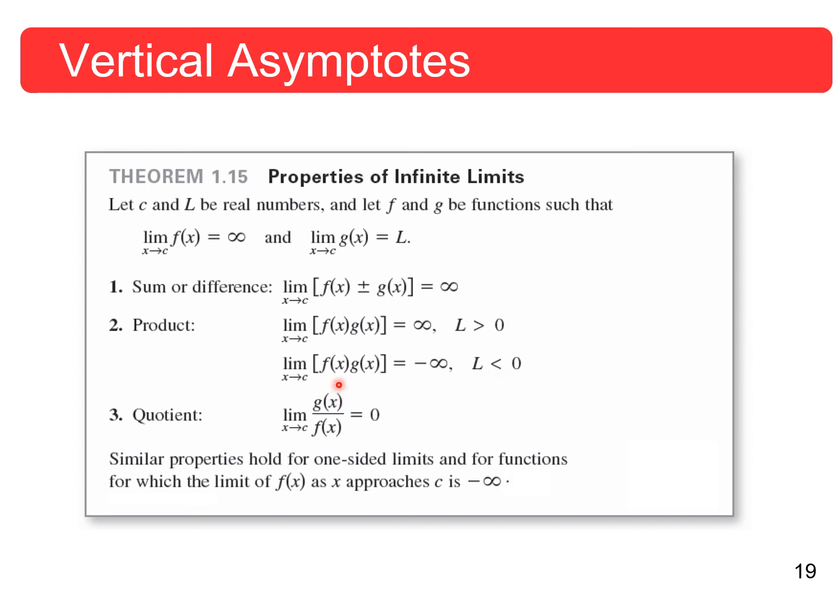So therefore, positive infinity times a negative becomes negative infinity. And also, if you have the limit of g of x over f of x, where the limit of g of x is a constant and the limit of f of x is infinity, that is just equal to 0. The limit of the quotient is just equal to 0.